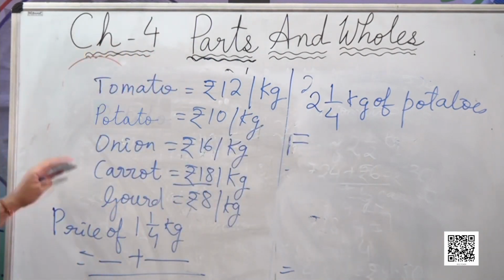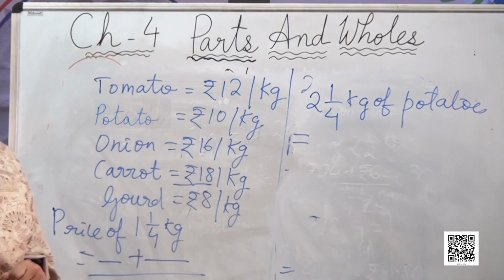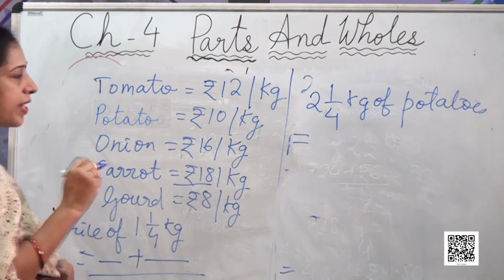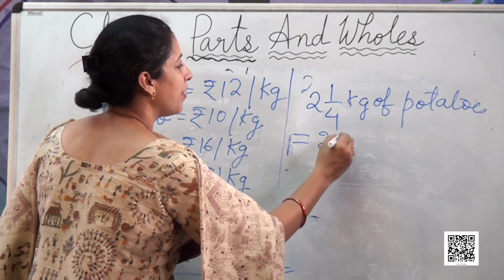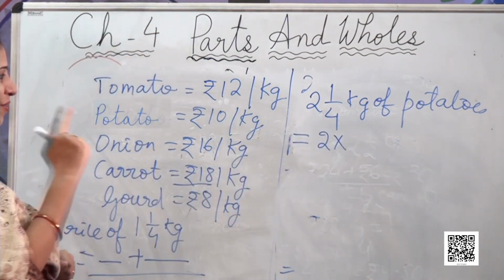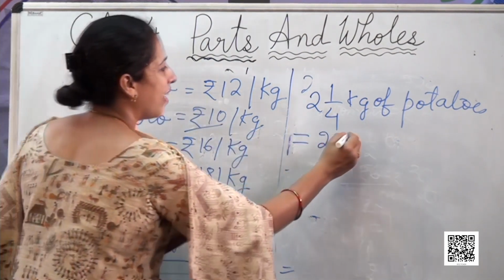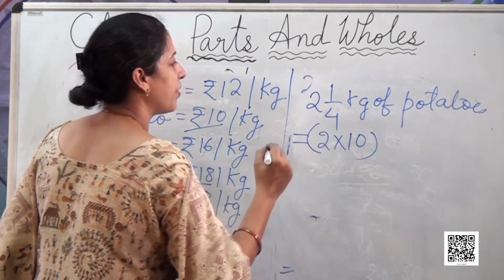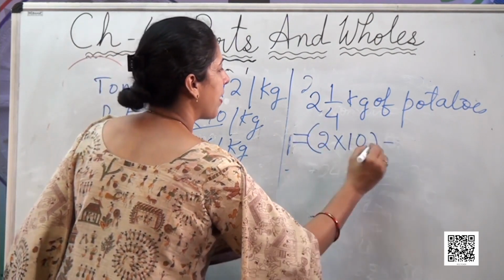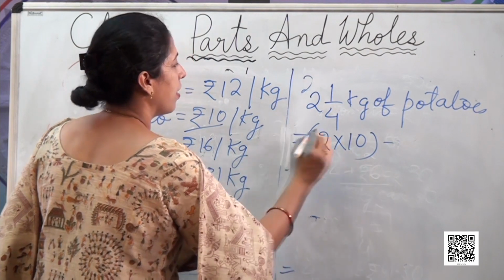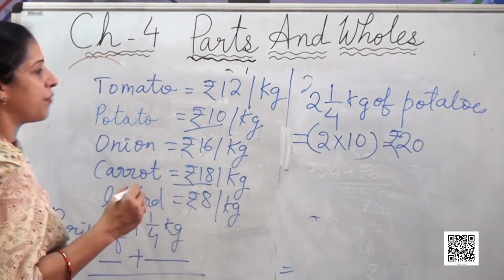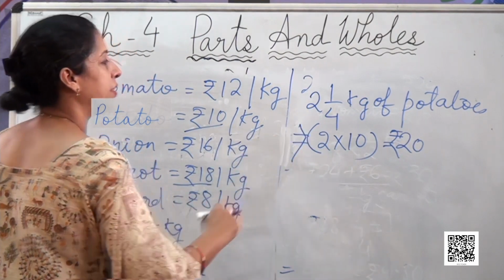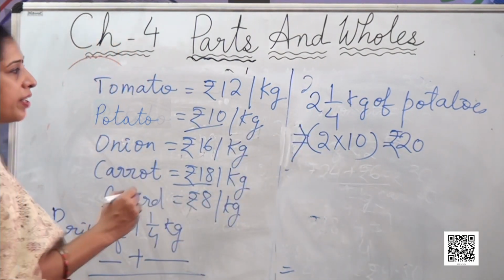Then find out the price of 1/4 kg of potato. So let's see what is the price of 2 kg potato. 2 into 10. First 2 kg is equal to 20 rupees. So first we found out 2 kg potato is equal to rupees 20.